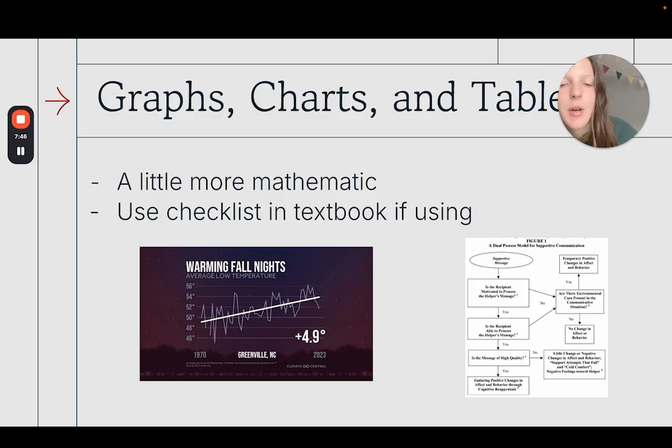It has gone up 4.9 degrees Fahrenheit. That would be a good one to show if you were doing something on, like, climate change, the leaves changing faster. That is also part of that.